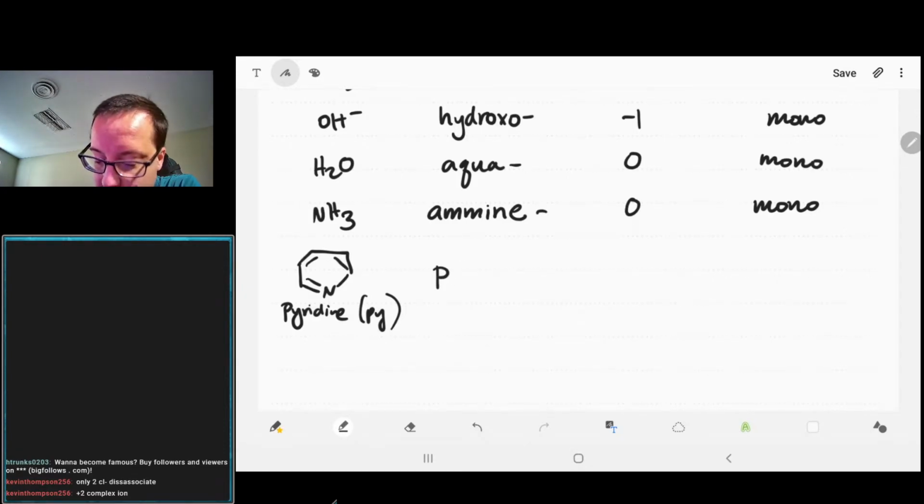That's just like benzene, but it's got a nitrogen stuck in there. This one will become pyridyl. This is a convention that comes from organic chemistry, so we'll learn that later on next semester.